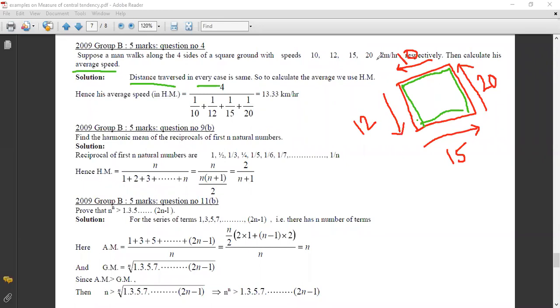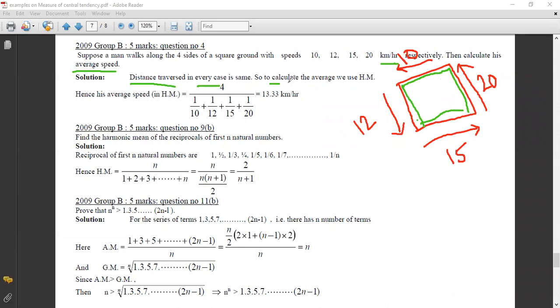But for this particular example, when the given informations are speed, like 10, 12, 15 and 20, and that is kilometer per hour, you see this, kilometer per hour. But the distance traversed in every case is same, because same square field চারদিকে ঘুরছে.